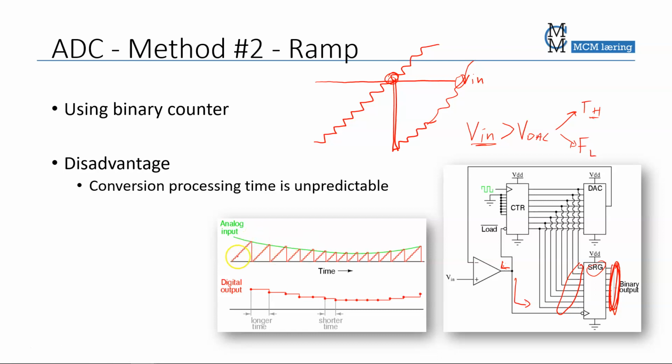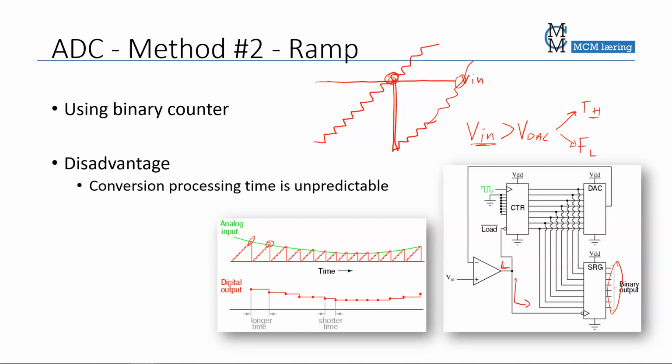And for each time the ramp passes the green analog input, the data is sent through this SRG block from this side over to the outside, and it's held there until the next time the ramp passes the green analog input. So the binary output here is a result of the point where the ramp crosses the analog input.